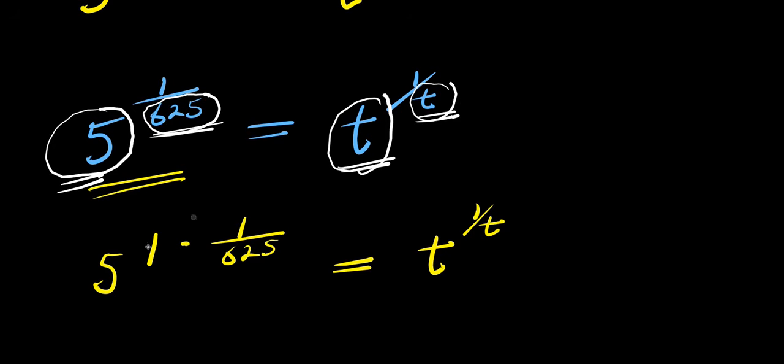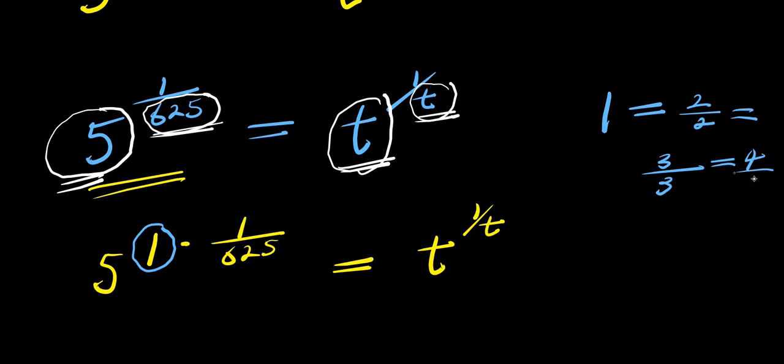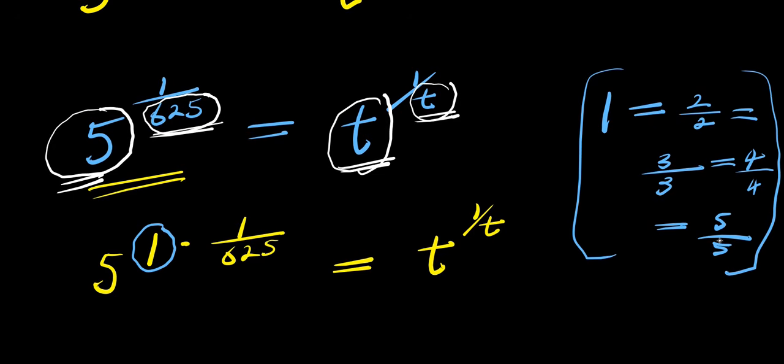Now, I have 1 here, and this one, I can express it as 2 divided by 2. I can also express it as 3 divided by 3. I can express it as 4 divided by 4. And I can also express it as 5 divided by 5. All this will give you 1.